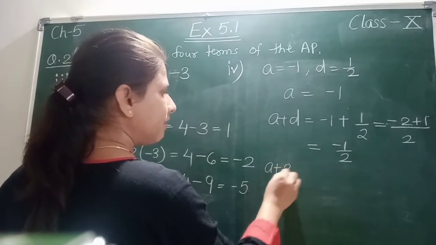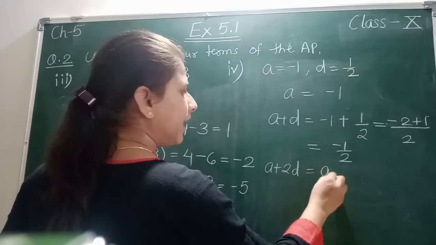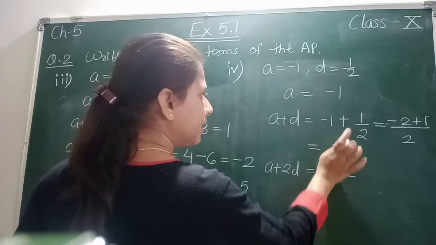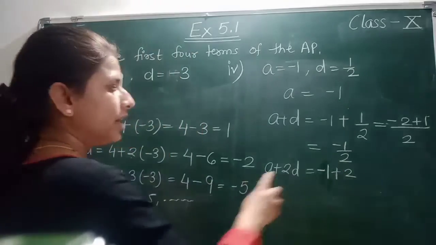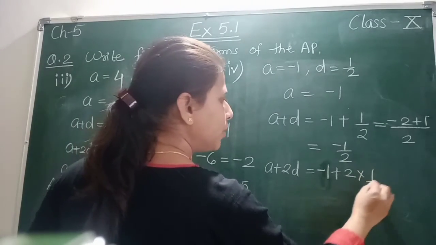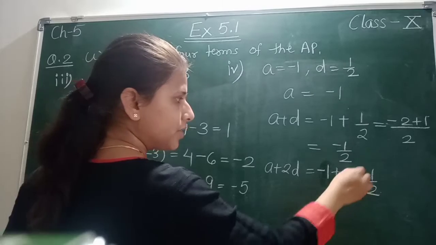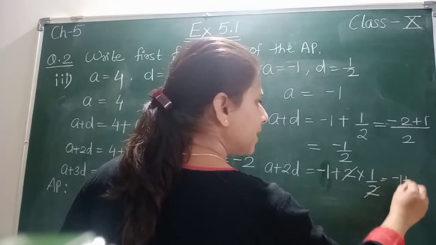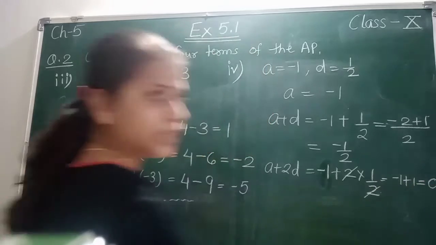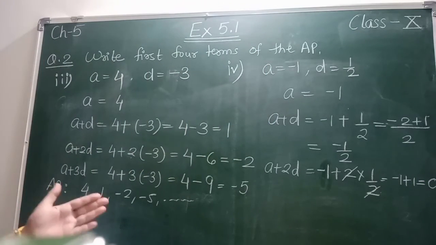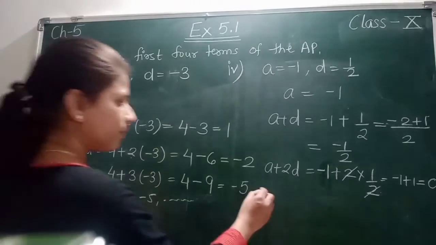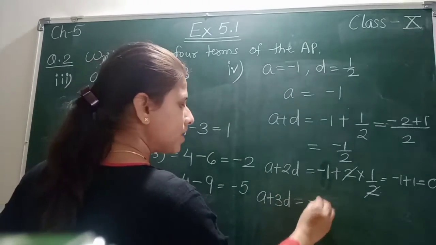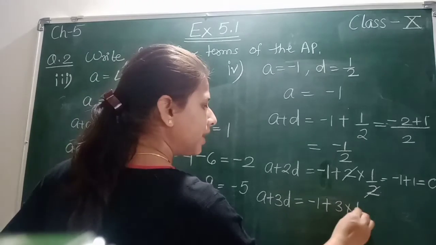Now similarly, we will find the third term, a plus 2d. Here the value of a is minus 1, and 2d means 2 into 1 upon 2. As you can see here, students, this 2 is cancelled with this 2 and we will get minus 1 plus 1, which is equal to 0. So the third term of this AP is 0. Fourth term, a plus 3d: minus 1 plus 3 into 1 upon 2.